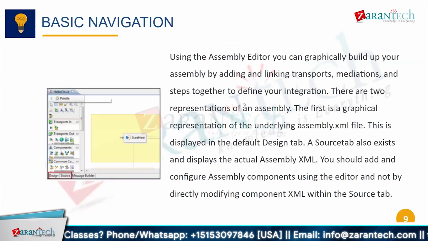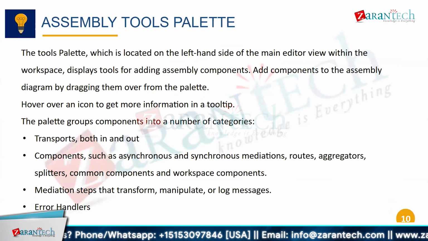Okay, going ahead, the tools palette, which is located on the left hand side of the main editor view within the workspace, displays tools for adding assembly components. Add components to the assembly diagram by dragging them over from the palette. Hover over an icon to get more information. I think the palette groups components into a number of categories. I think we have already talked about transport, components, mediation, error handler.